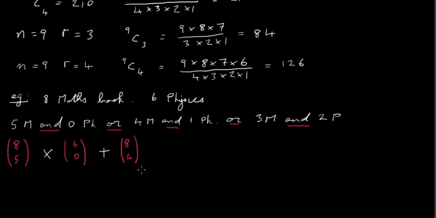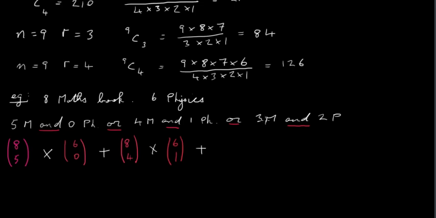Again, we've got an and here. So the and is times. Then we're going to choose 1 physics book from 6 physics books. So that's 6 choose 1. We've got an or here again, so that means we're going to add. Then we've got 3 maths books.